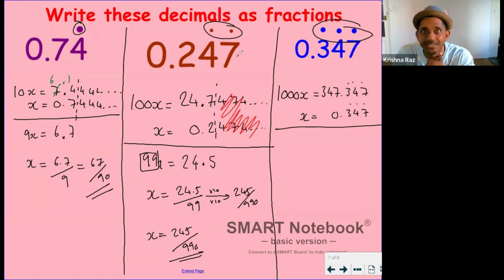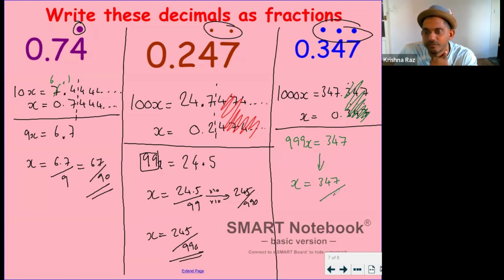So we can see immediately that we have lined up the decimals. So when we subtract, they will cancel. So we will get 999x equals 347. Therefore, x is 347 over 999.